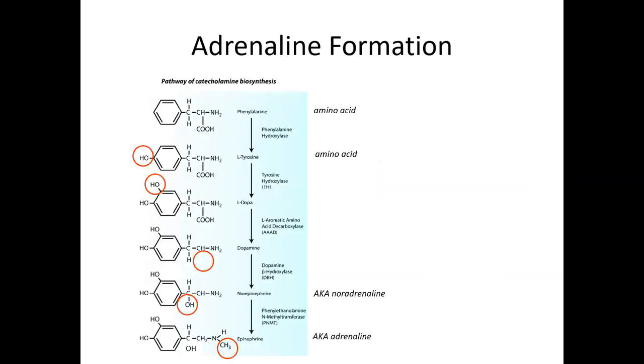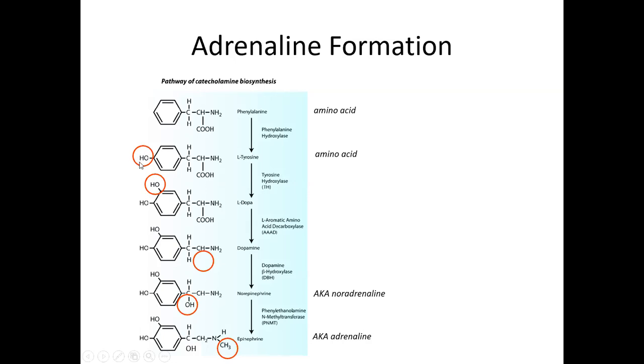Okay, now that you've had a chance to review that, I want to talk about a compound known as adrenaline, which I think all of you have heard about before. So I don't want you to memorize this chemical stuff on the left, but just look at it for a second. We start with an amino acid, and on the benzene ring, we change a hydrogen to a hydroxyl, and we change it to a different amino acid.